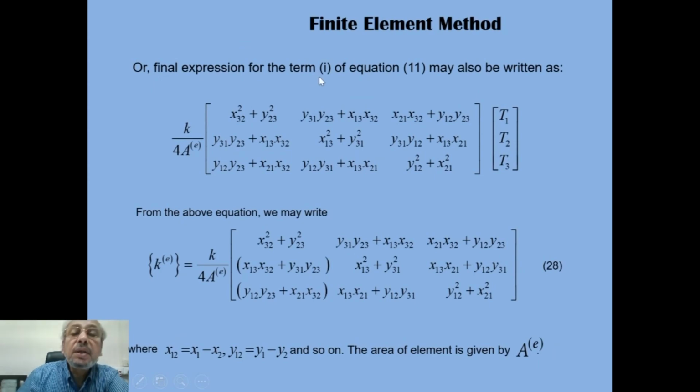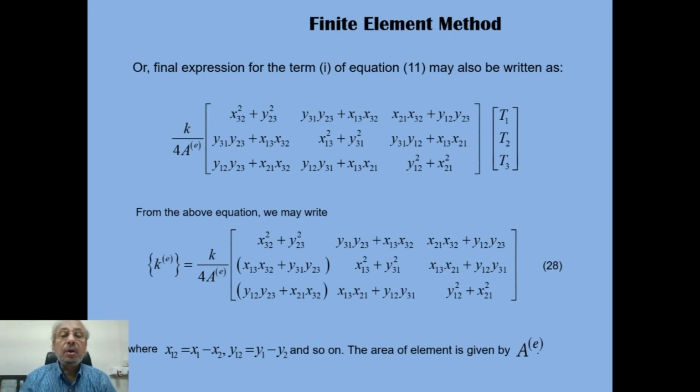So the final expression of term 1 of equation 11, as we said, we can write it in this way. And here, if you recall, we wanted to describe this as K elemental matrix into T column matrix.